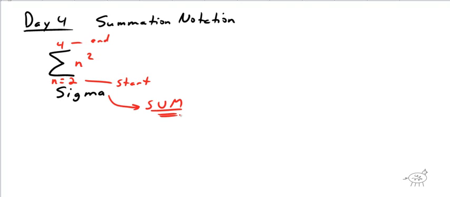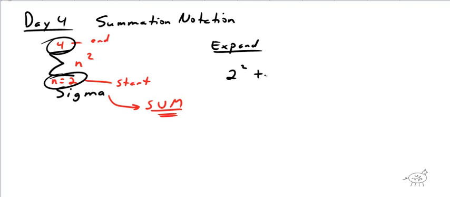Very, very important. So if I ask you guys to expand, let's just do this problem here. Expand means we're going to go from 2, so from this bottom number, to 4. So I have 2 squared, and then since it's summation, I'm adding those terms.